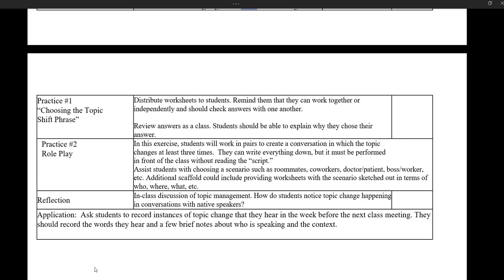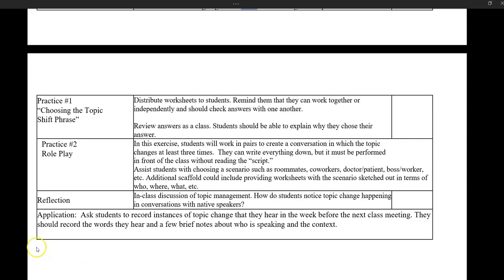And so in the first practice, there will be a fill in the blank worksheet with what we call shift phrases, meaning words that we use to change the topic. And then there will be a role play where they can take some of those scenarios from the worksheet and expand on them to create some kind of role play.